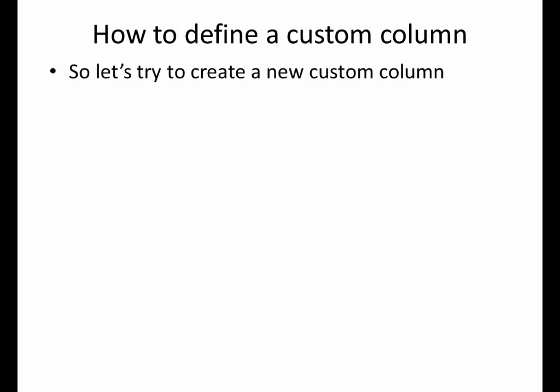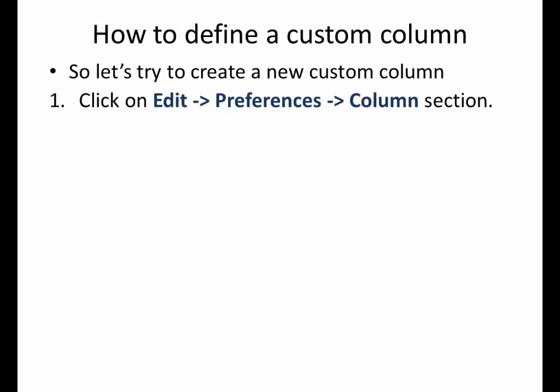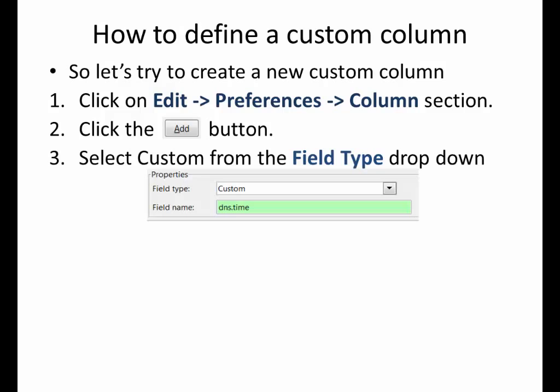So let's try to create a new custom column. You need to click on Edit, Preferences, Column, click the Add button, select custom from the field type drop down.